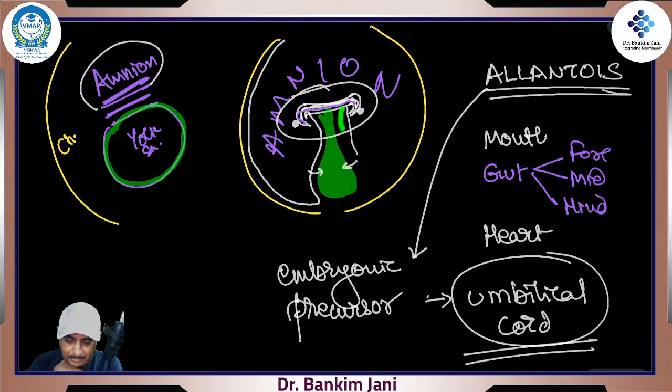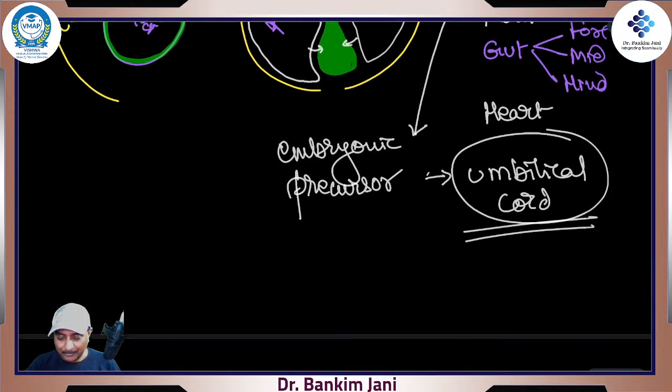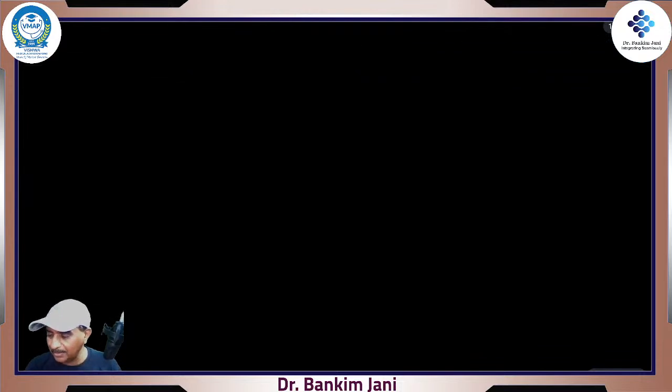Okay, this is our amniotic cavity. This small protrusion, this allantois, again would be squeezed all the way, and finally the final effect would be something like this.